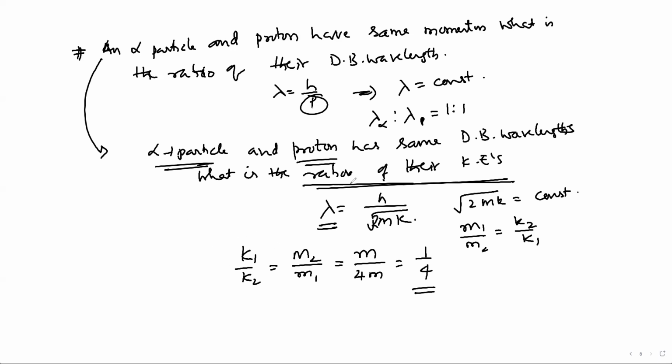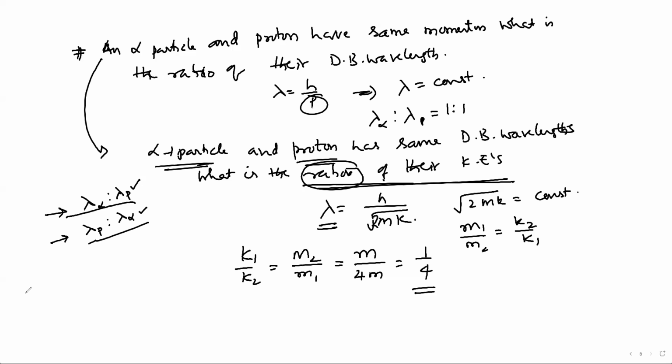Students, a very important thing. When questions are asked related to these ratios, sometimes they ask the ratio between the de Broglie wavelength of alpha particle and proton, and sometimes the ratio between the de Broglie wavelength of proton and alpha particle. Both options will be there in the MCQ. So while answering ratio questions, read the question one or two times and be careful.